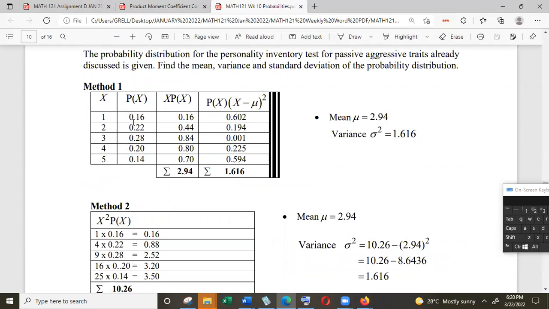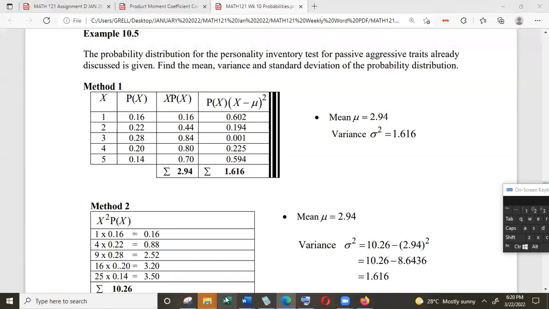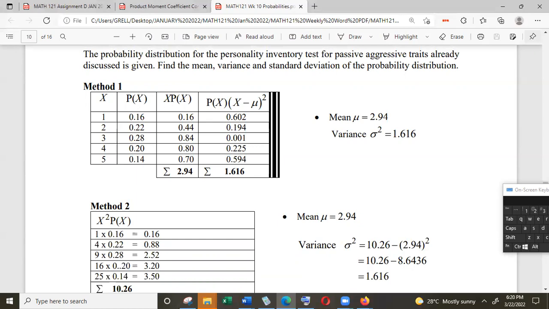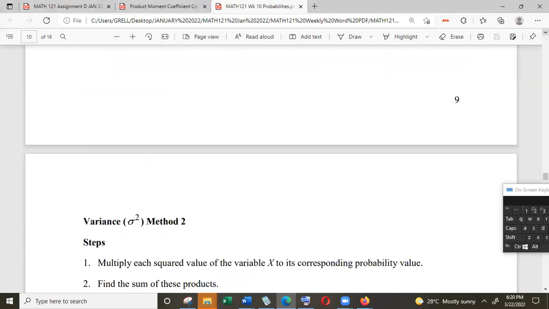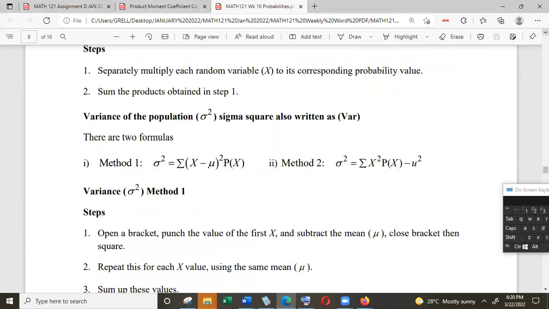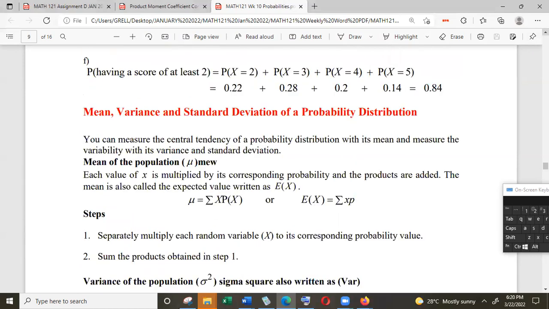As you can see, for the mean, there's the probability distribution in a column form. Each value is multiplied to its corresponding value and the values are summed. So that's basically how you have to find the mean. Now, once we have sigma involved, then we have to think of a table. And once you think of a table and you are in front of a computer, just think of Excel.